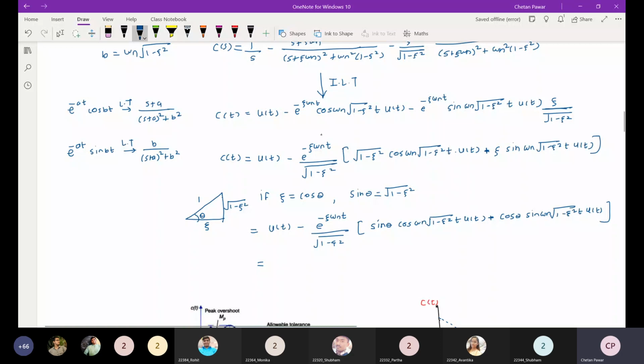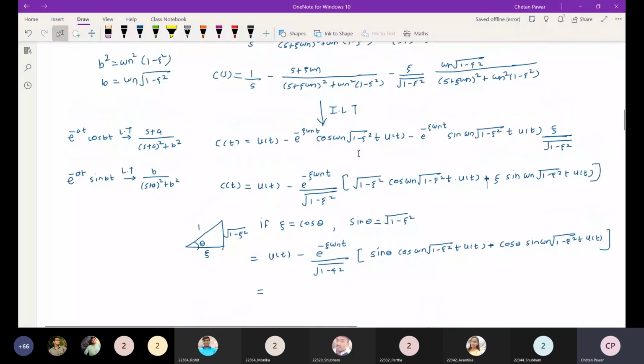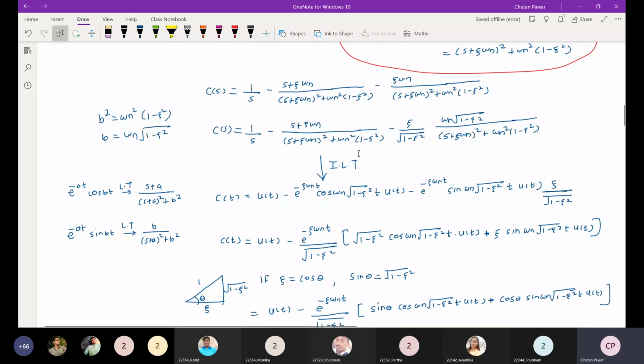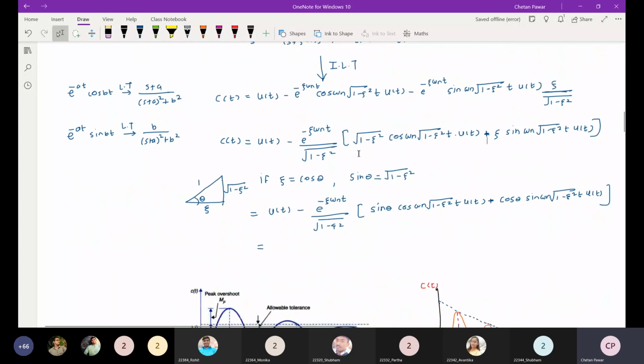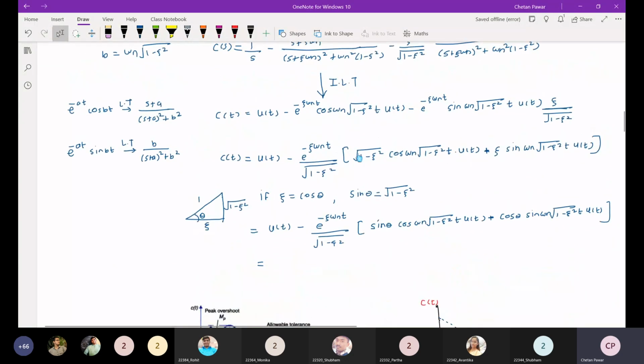Take a minus outside. We have taken this particular term outside, now we have taken minus also. Okay, if you take a minus outside, and we will make this plus, make an adjustment here.